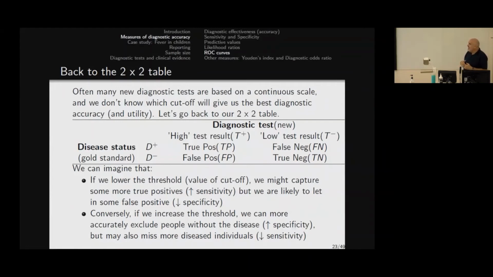So maybe identifying someone as positive is much more important. So having higher true positives is much more important, and we will allow false positives into our test. And the easiest way to do that is to shut your eyes and say everybody has the disease. 100% sensitivity.